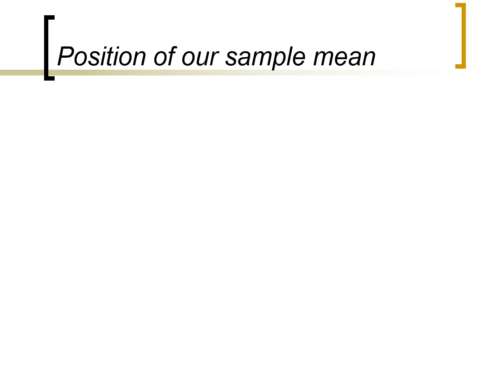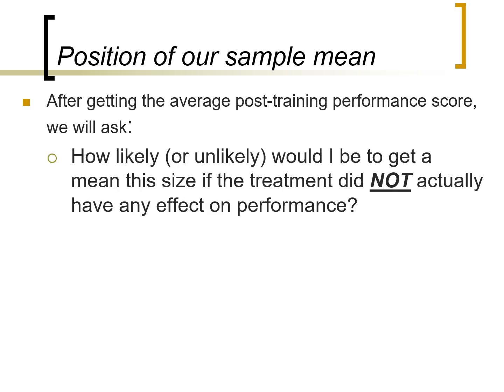So now we have our null distribution set up. Now we need to put our sample mean on there and see if it falls in one of these extreme areas. And here we're thinking in terms of probability. Let's say our sample mean that got the treatment, we stick it on our null distribution of the population that didn't get the treatment, and our mean fits in one of these extreme critical areas.